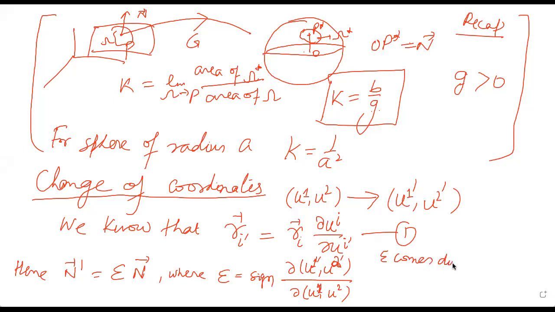This comes due to a change of sign when the transformation of coordinates reverses the orientation.